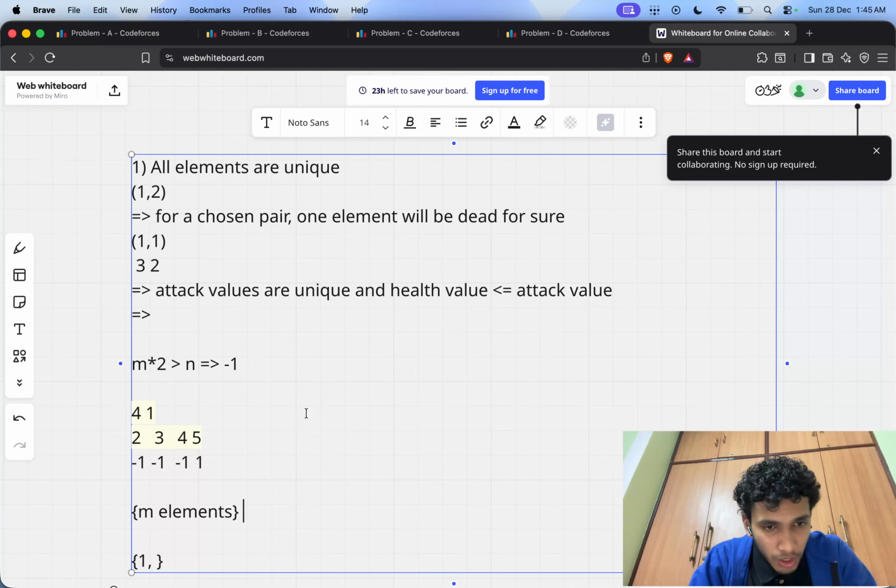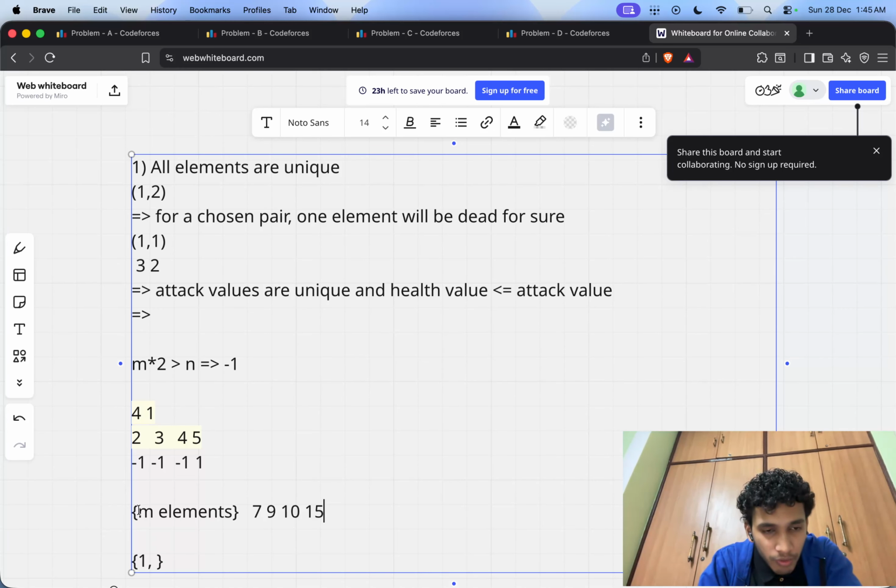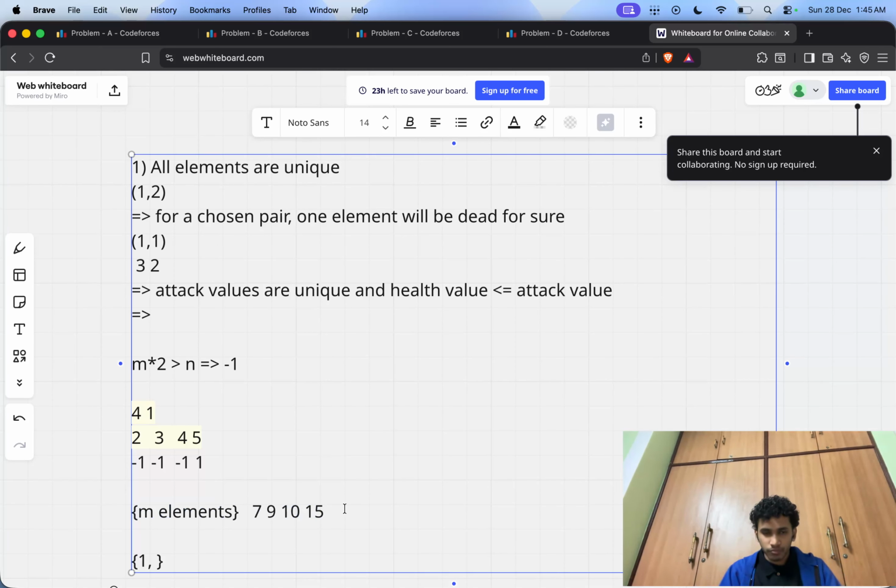Now, if the rest of the elements are removed somehow, and these m elements are only remaining, there is no restriction to us that they have not already fought before, so they must fight. So this can be a possible answer, but it is not true. There are some elements present to the left of it, but we know that the attack value of all these m elements is smaller than these elements. So slowly inculcate all these numbers into these m elements.